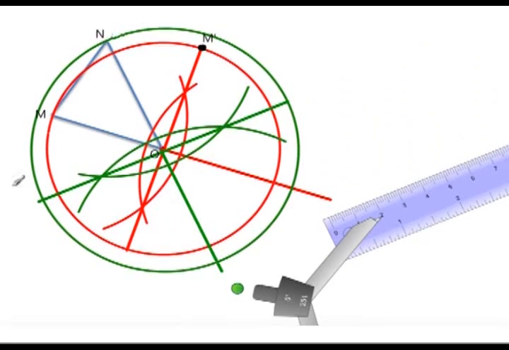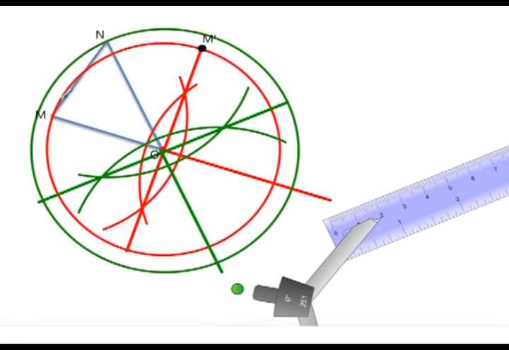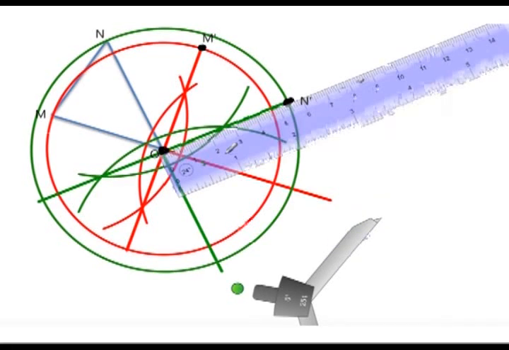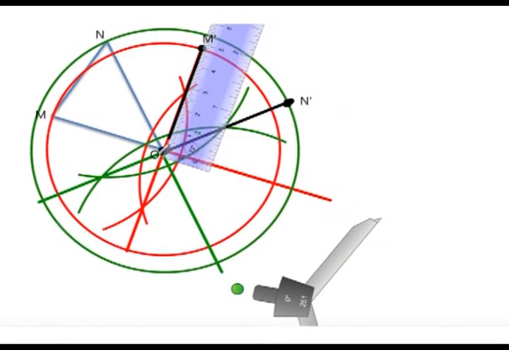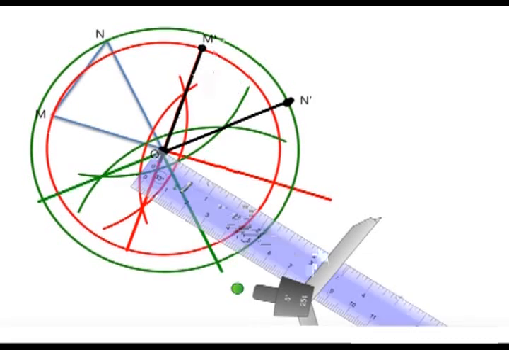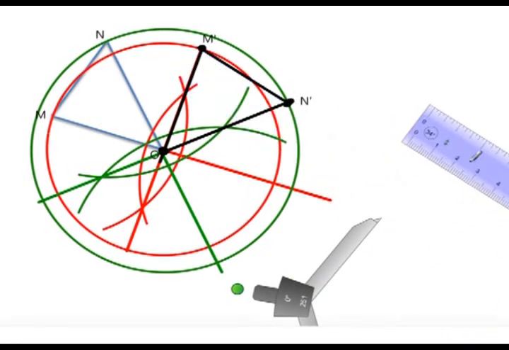This point, if it goes this way, it will be positive because it's counterclockwise. We want it this way. So N prime is right over here. And the first point is over here. That doesn't change. Now we join the 3 points. And we have our rotation. Excellent.